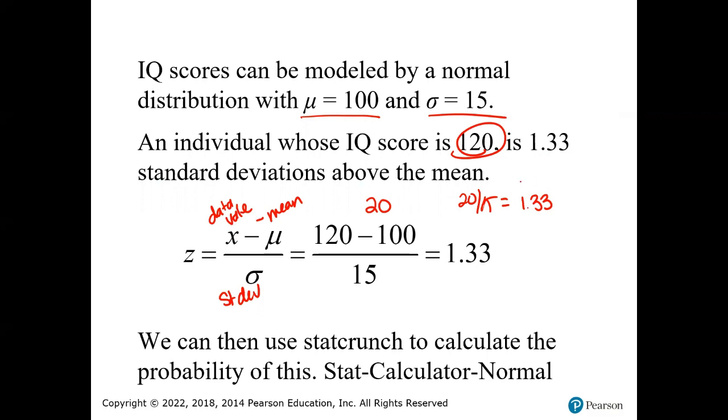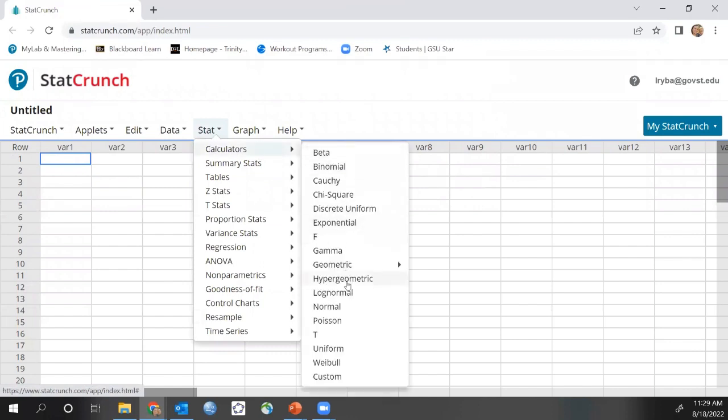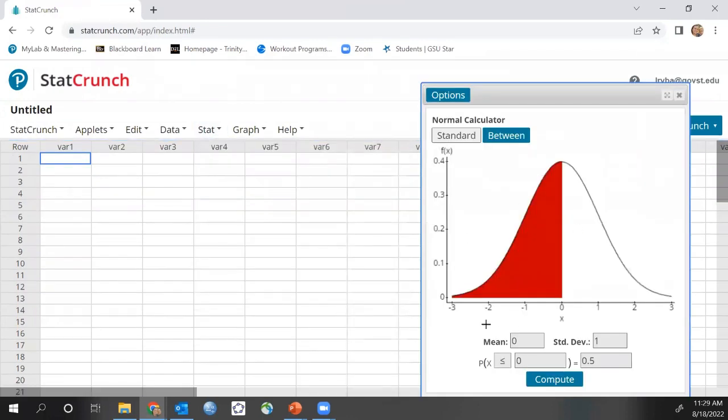Then we can use our normal calculator to determine the probability of getting that result. To get that calculator in StatCrunch, we go to Stat, hover over Calculators, and click Normal. It automatically puts up my standard normal curve, with 0 in the middle, up 3 deviations, back 3 deviations.